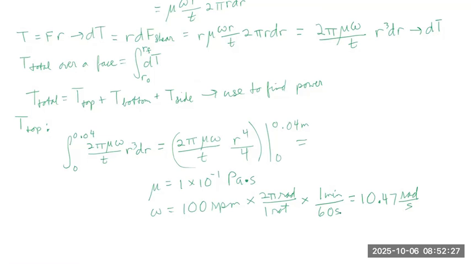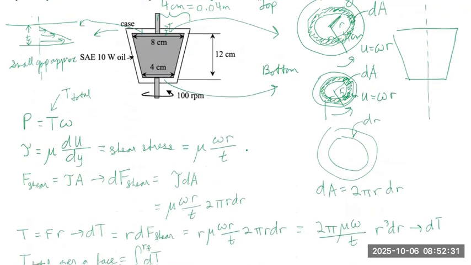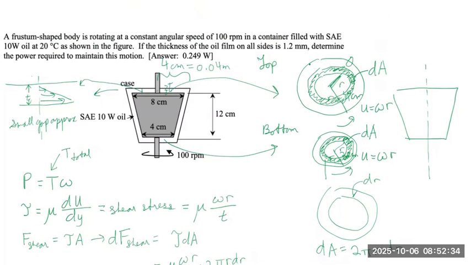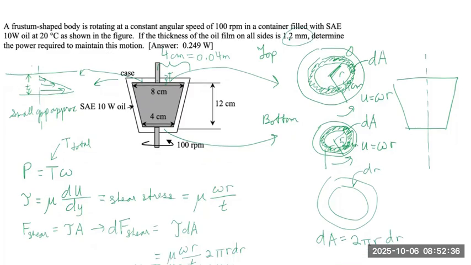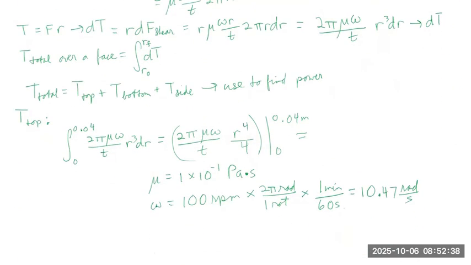Okay, what is the thickness t going to be? The thickness of the oil on all sides is 1.2 millimeters. So 1.2 millimeters is going to be equal to 1.2 times 10 to the negative 3 meters. Now we plug in all our given information.